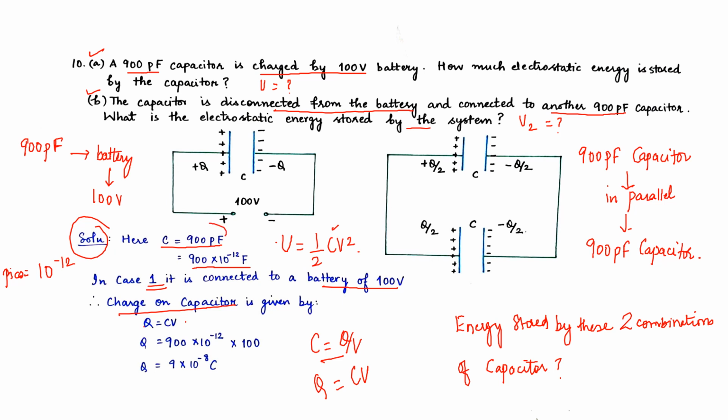C is 900 and V is 100. Okay, 900 into 10 to the power minus 12 into 100, and the charge on it is given as 9 into 10 to the power minus 8 coulombs. That is the charge contained by capacitor 1 in case 1.